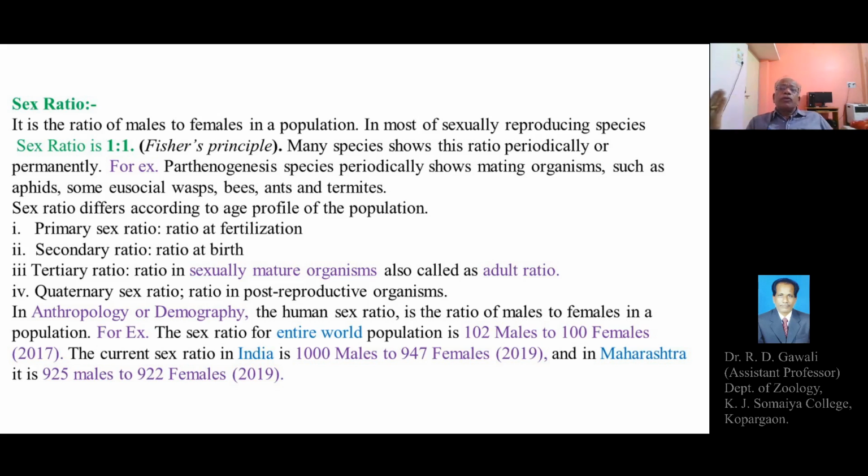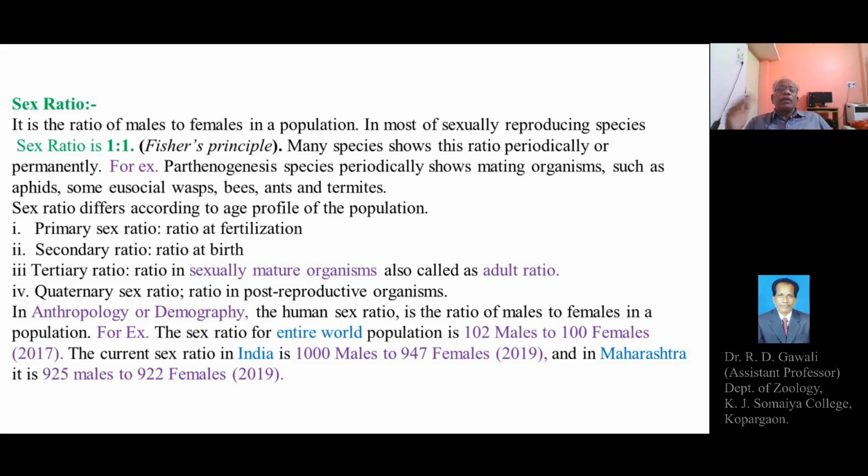Many species show this ratio, 1:1, periodically or permanently. For example, there are certain species which undergo the process of parthenogenesis. In that case, the ratio is different.